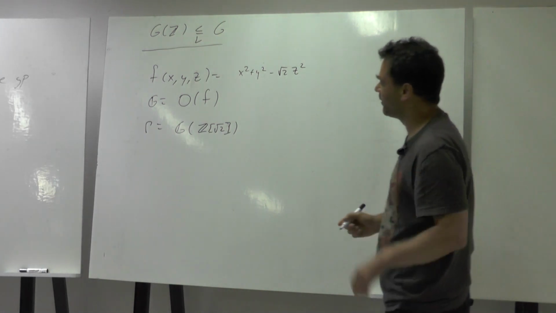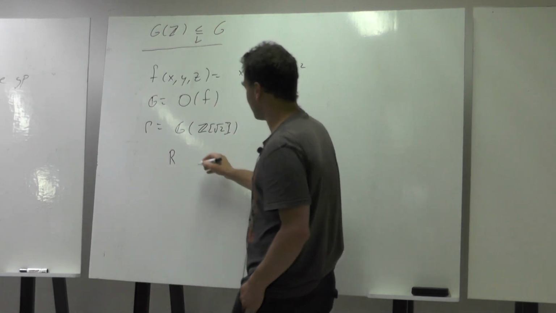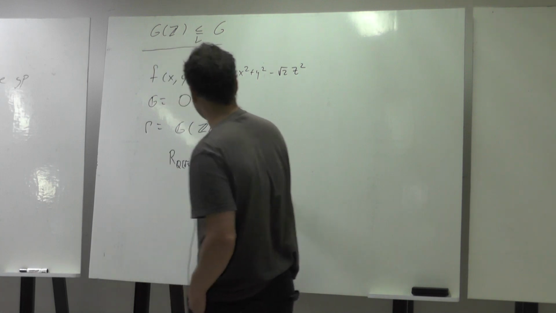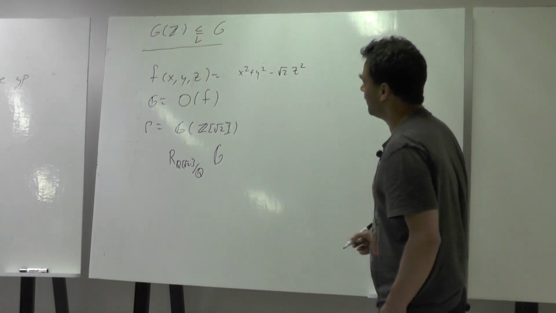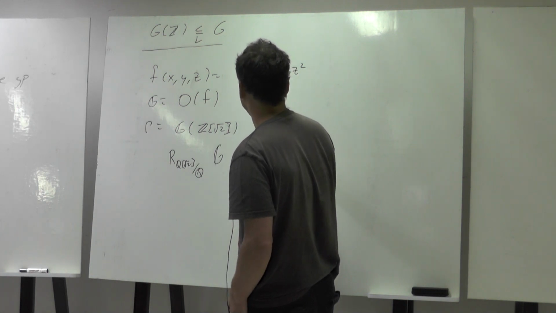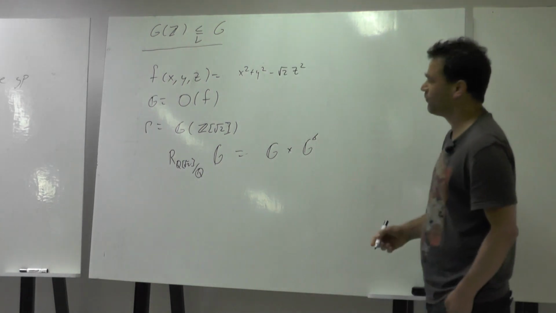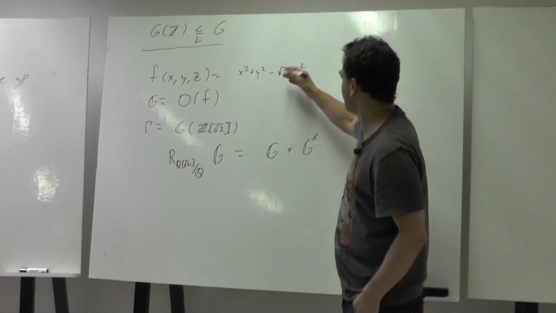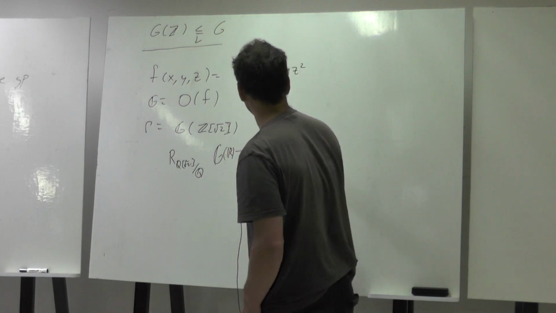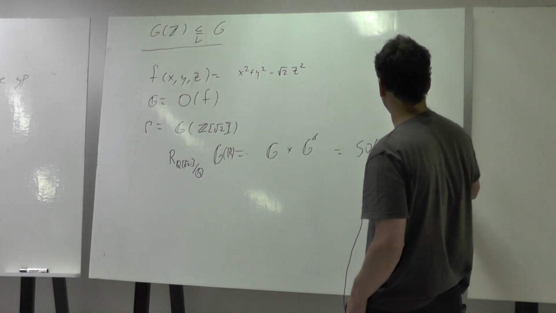And so the restriction of scalars that Gil described yesterday, from Q(square root of 2) to Q, of G gives you the group G cross G^sigma, where sigma is the Galois conjugate, and if you look at it over R you get SO(2,1) cross SO(3).